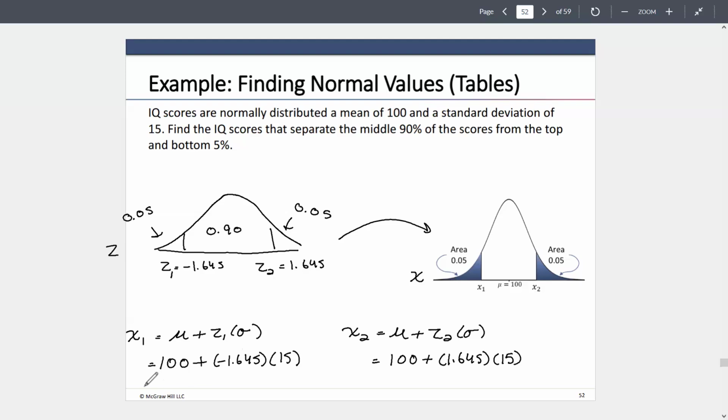What we're going to get is, these are both equal sides of 100. We're going to get 75.325, and then over here 124.675. If we round these to closest to where they are supposed to be, this is like 75, and this is 125.